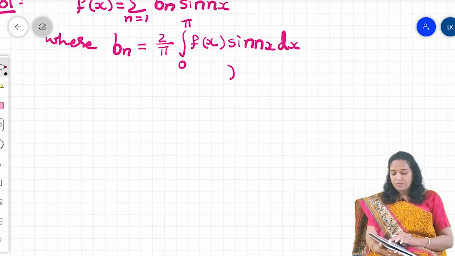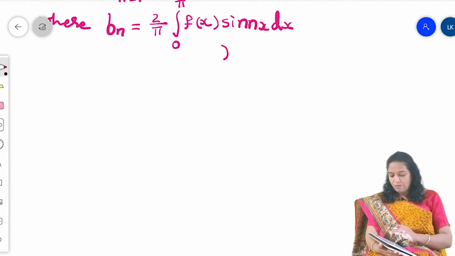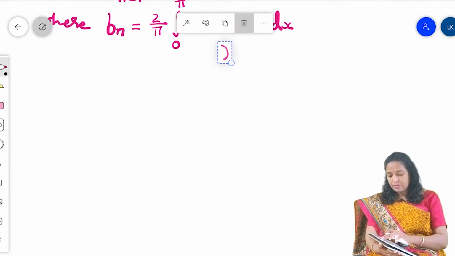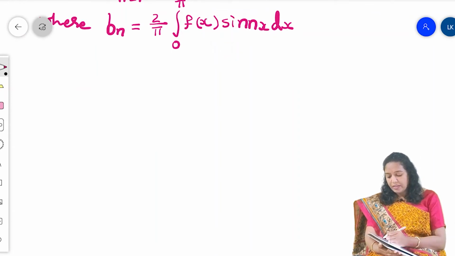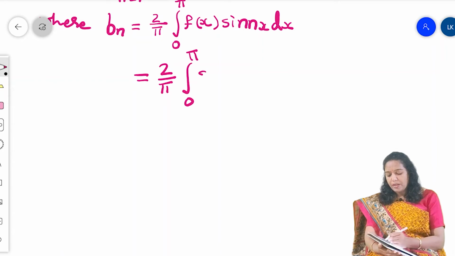Now, putting the value of f(x), which is sin ax, that is here 2 upon pi integral from 0 to pi of sin ax sin nx dx.